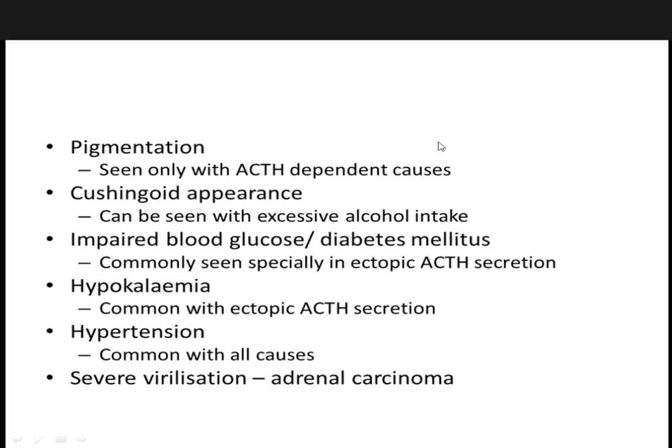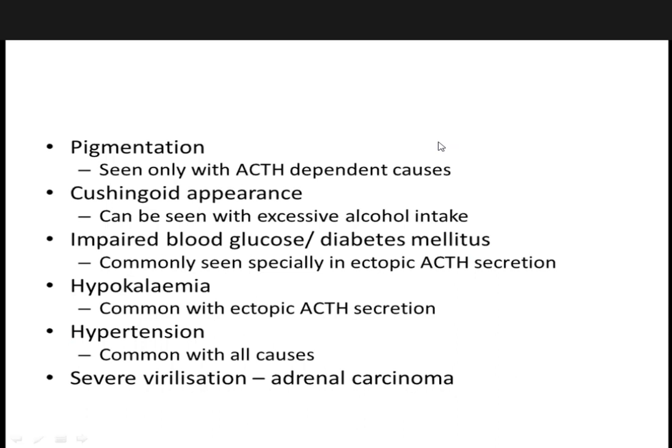Again, hypokalemia can be seen with all the causes leading to Cushing's, but it is common with ectopic ACTH secretion due to a tumor. Hypertension is common with all causes.